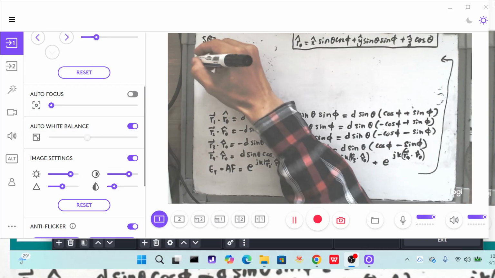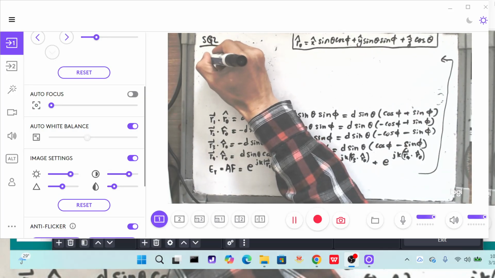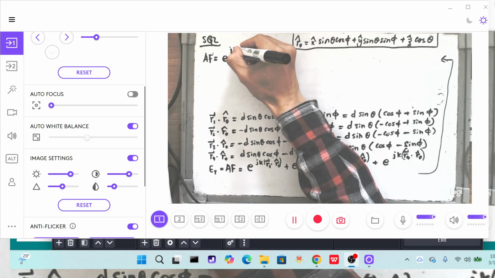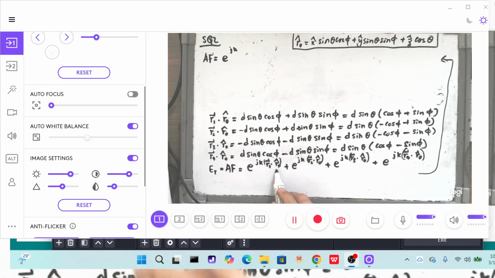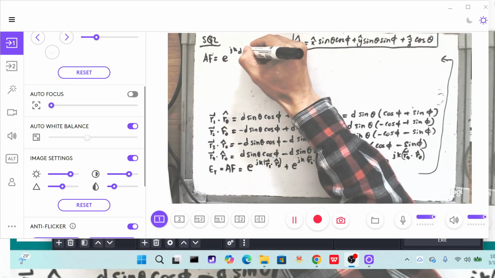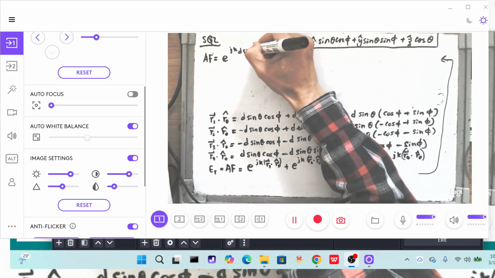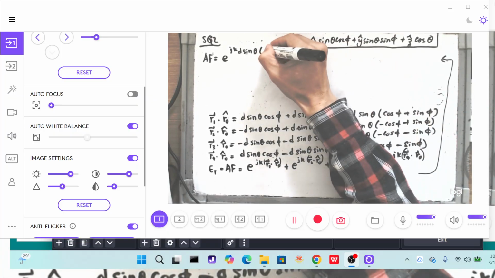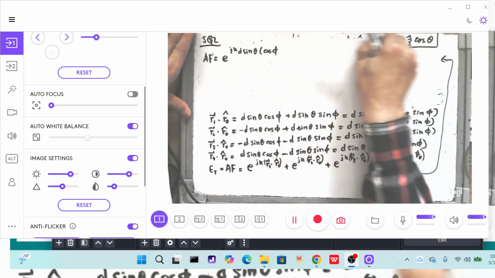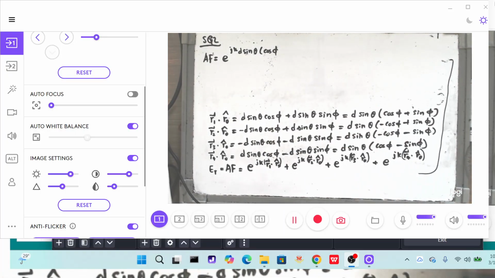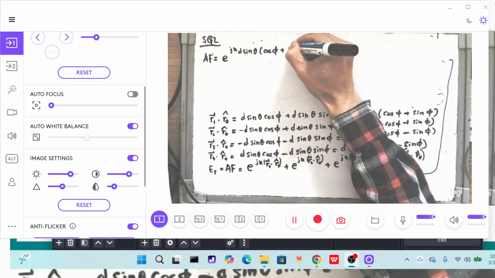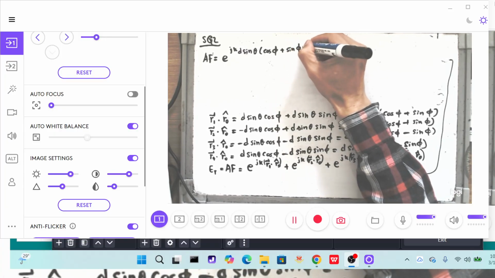So now let's write down the array vector. This first term here is E to the power of J K, and we have already calculated, according to here, D sine theta cosine phi plus sine phi.